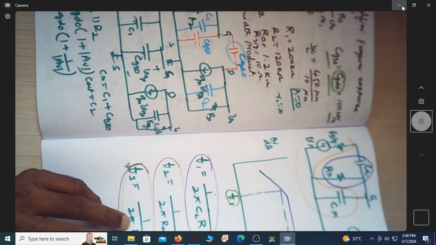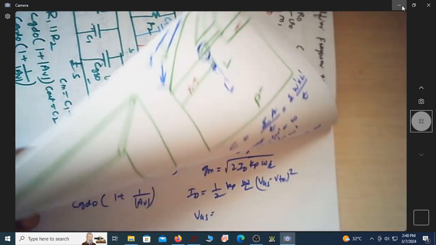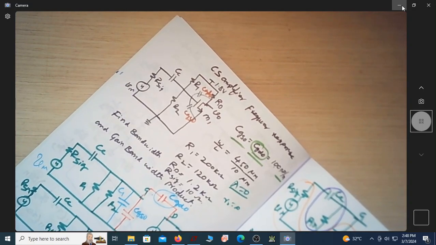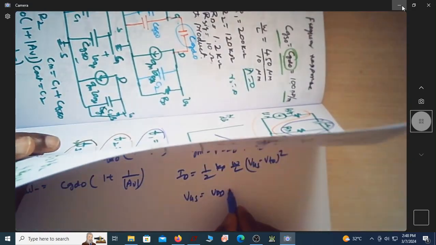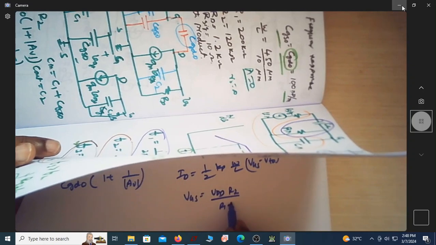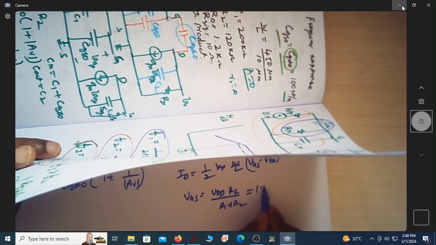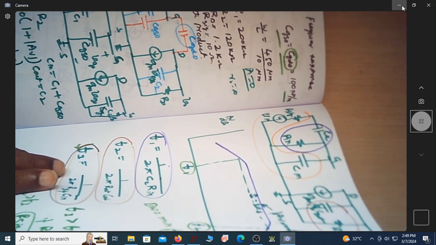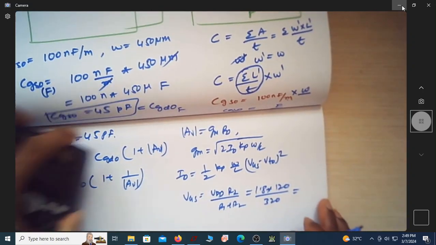VGS is VDD into R2 by R1 plus R2, which is 1.8 into 120 by 320. So this is the value.